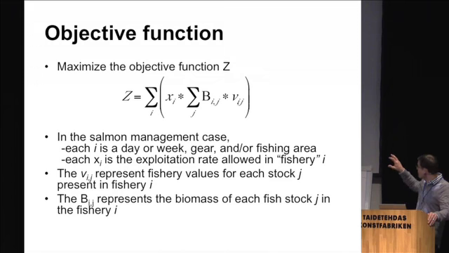So in each portion of the fishery, be it a day of fishing, a week of fishing, a fishing gear, be it gill net or seine, or a fishing area, you allow the linear program to choose the harvest taken in that fishery, and then you calculate the value of the fish caught in that day.